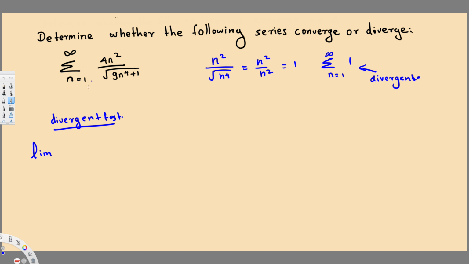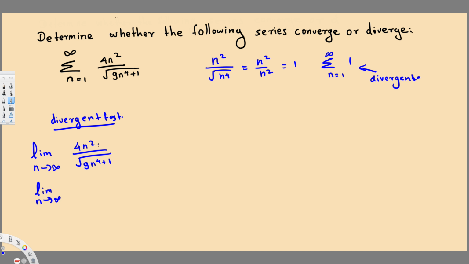So we take the limit as n approaches infinity of 4n square over the square root of 9n power 4 plus 1. Here we have to divide everything by the highest power. What's the highest power?